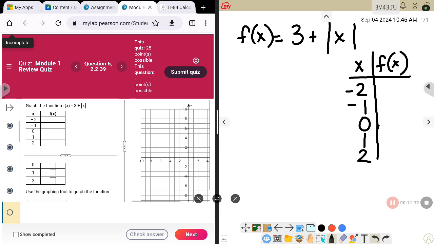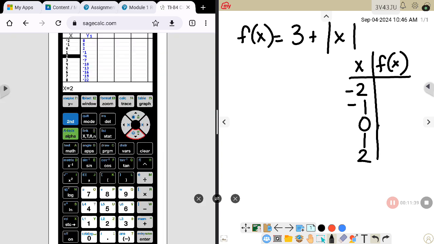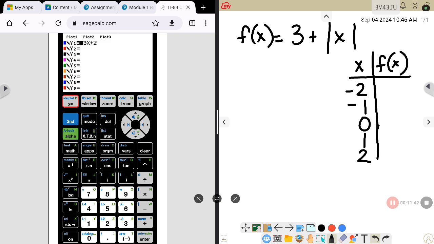So when I go to my y equals in my calculator, I need to put in this equation. So 3 plus. Now remember to get the absolute value, which is what we need for this part here, you're going to hit the math key, and then you're going to scroll over to NUM.